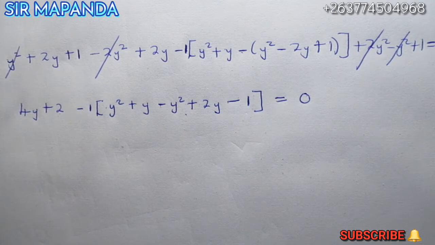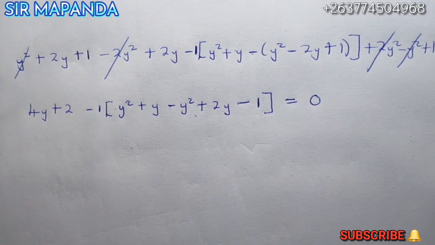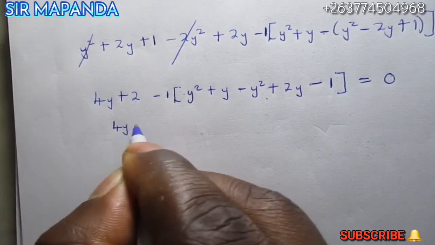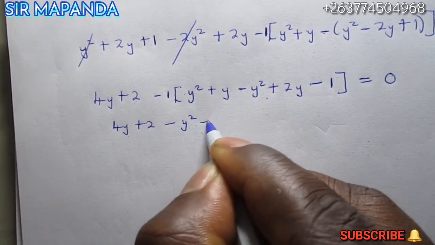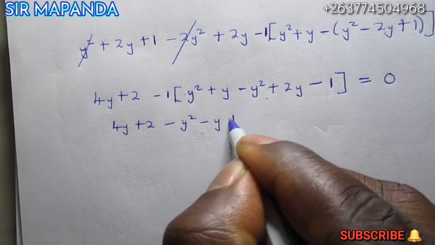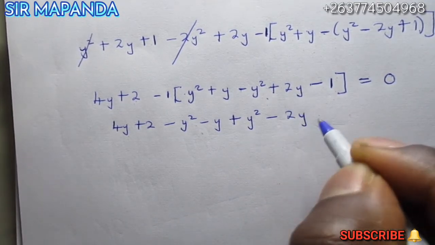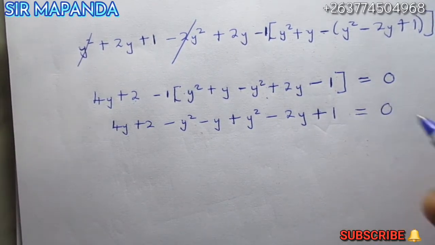So now that we have expanded the terms inside the big bracket, we can now introduce this -1 so that we remove the big bracket. You now have 4y plus 2, right? Minus y squared minus y plus y squared minus 2y plus 1 is equal to 0.